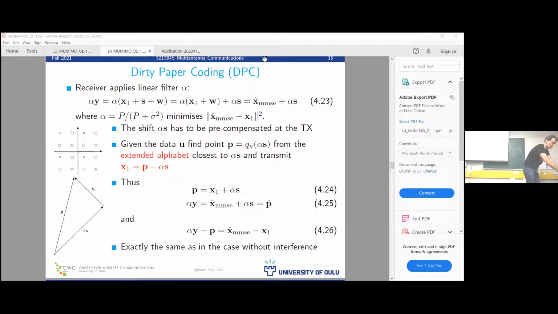So in general, without this alpha, we can have these two conditions, just like in the sphere packing interpretation that we covered yesterday for the interference-free case.